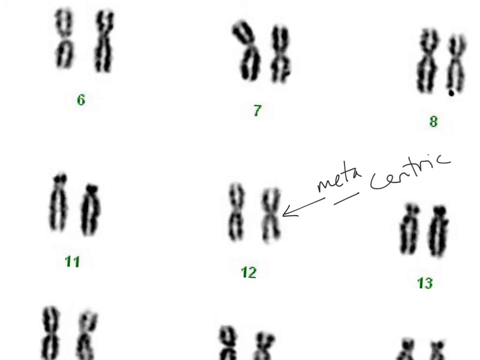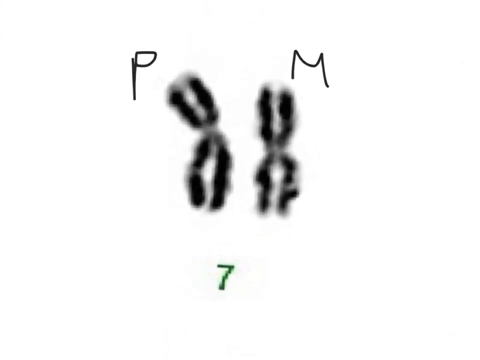Fair enough. So let's say, for example, just arbitrarily that the one on the left is paternal and the one on the right is maternal. What could happen to the paternal copy to make it look different from the maternal copy? Could have had an insertion. Which one's longer, P or M? P. Okay.